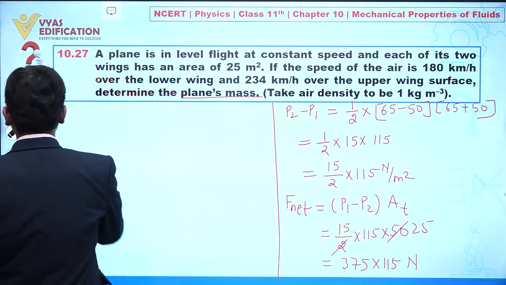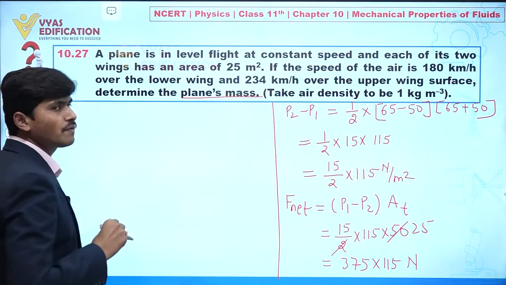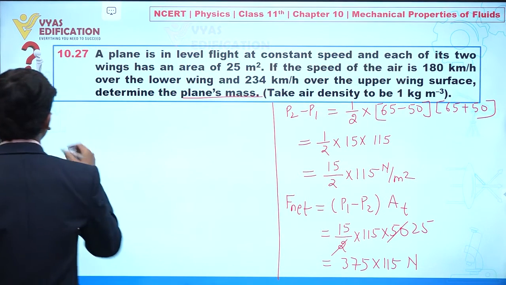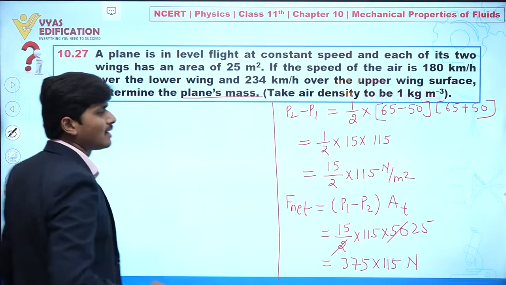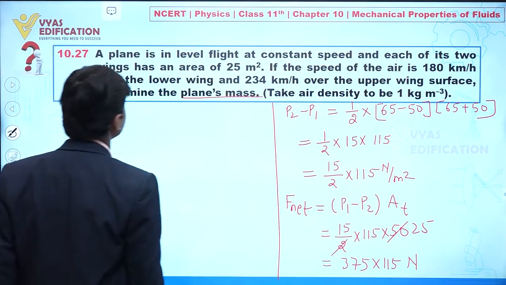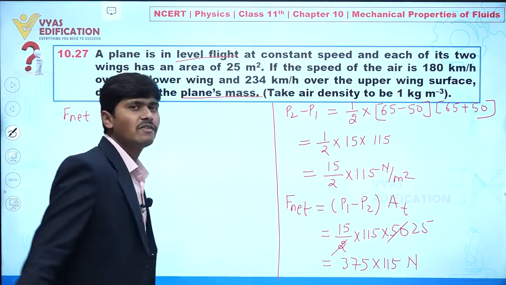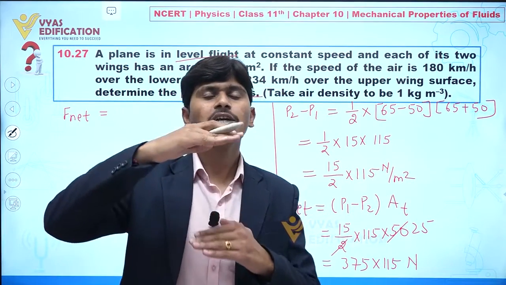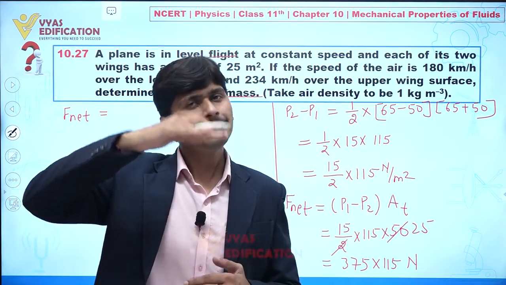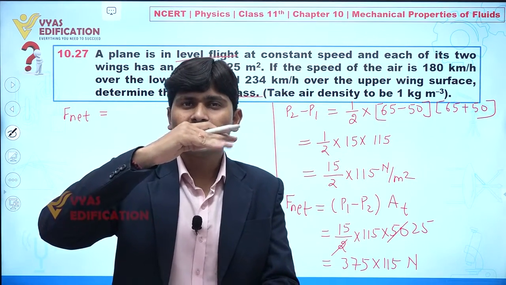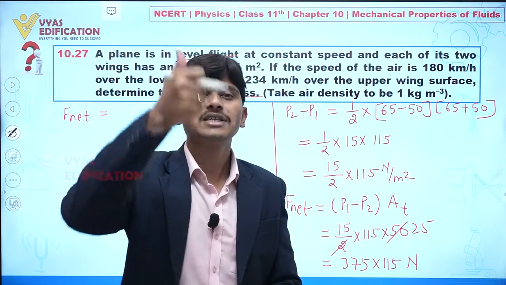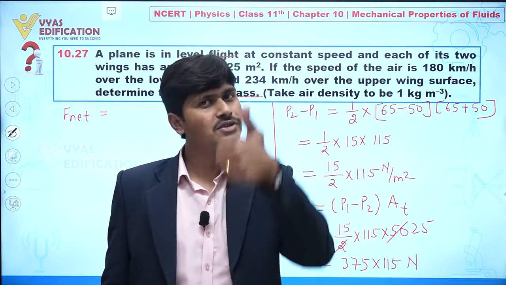So now, if I am talking about the mass of a plane, it is given by the net force. One more term is given in this question: we have a level flight. Level flight means this flight is in equilibrium at this point. It means mg force is acting in the downward direction and a net upward force is also acting.